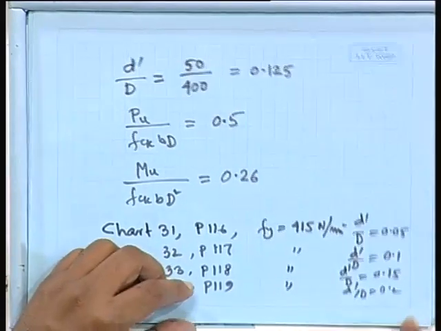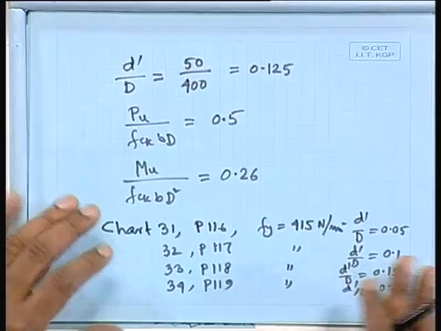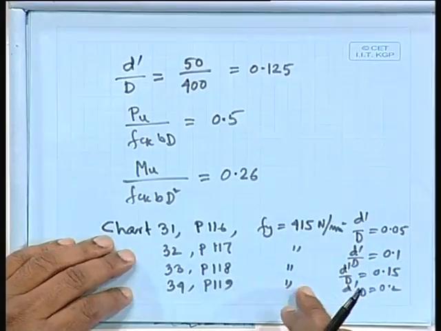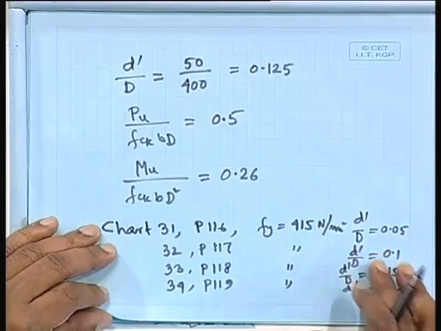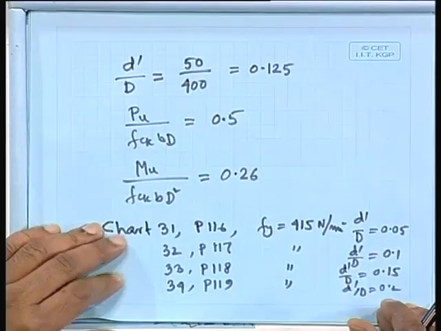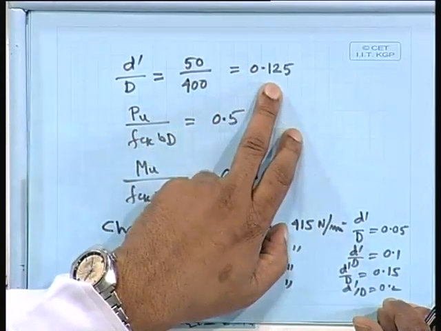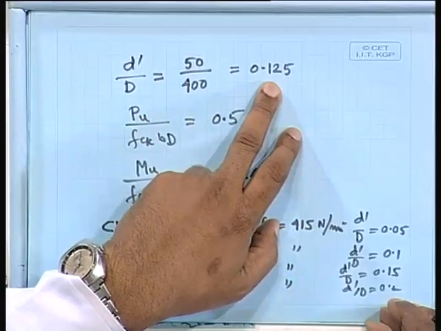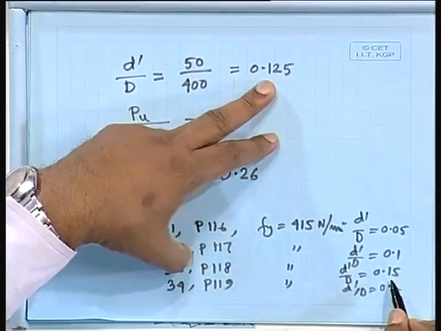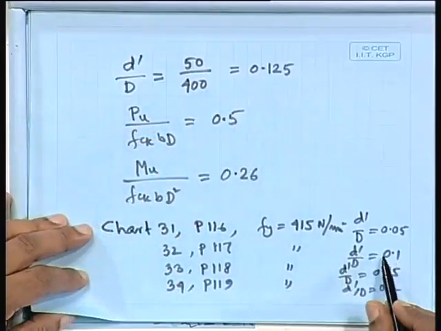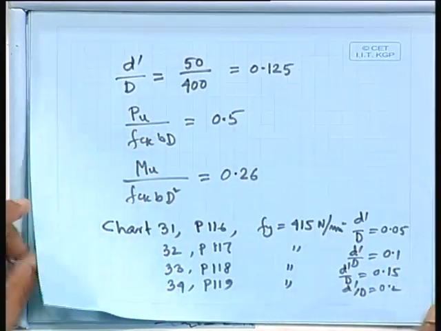So, we have these 4 charts specifically for Fe 415 and for different D dash by D. What we have is 0.125 D dash by D. Now, one can say 0.1 and 0.15. Let us find out from these two charts what the values are.